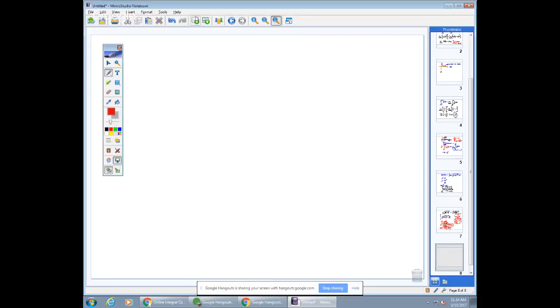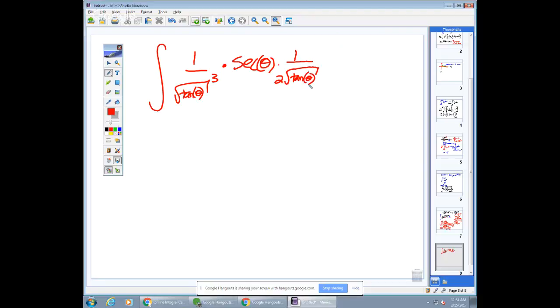Okay, so putting that all back together, I think what we have is 1 over the square root of the tangent cubed times our square root function, which is just a secant of theta, times our dx, which was the craziest piece, 1 over twice the square root of the tangent times the secant squared, right?